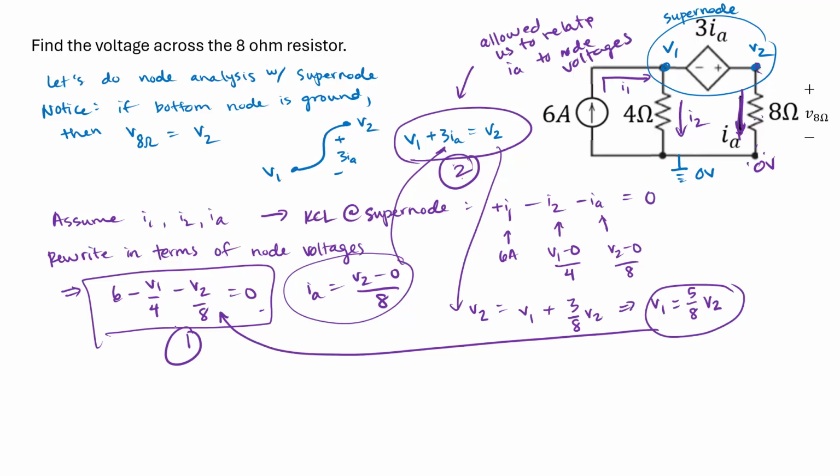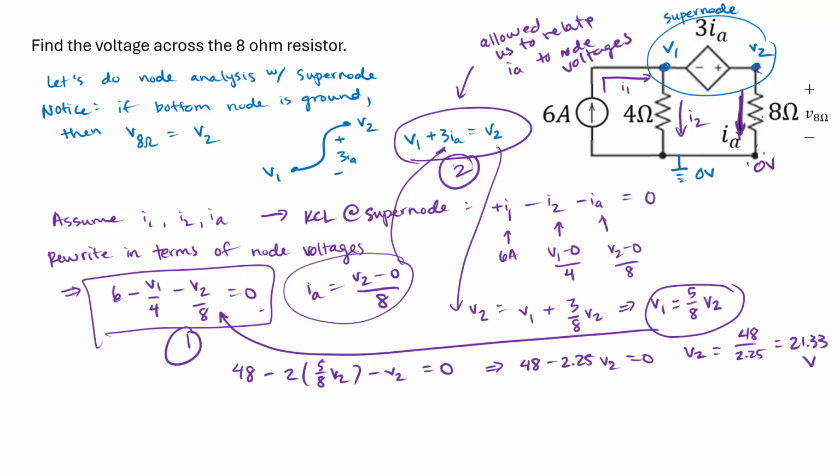And if we do that and multiply both sides by 8, we'll get 48 minus 2 times 5/8 V2 minus V2 equals 0. This gives us 48 minus 2.25 V2 equals 0, or V2 is 48 divided by 2 1/4, or 21.33 volts.